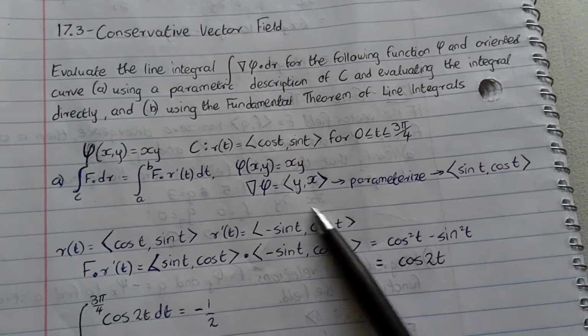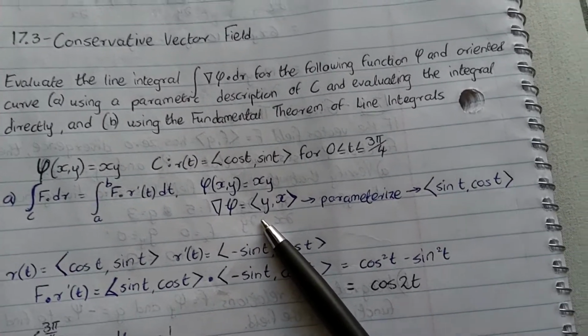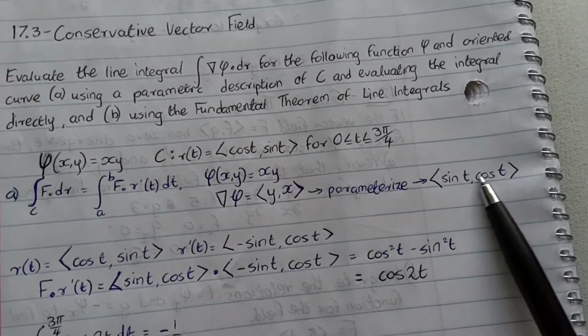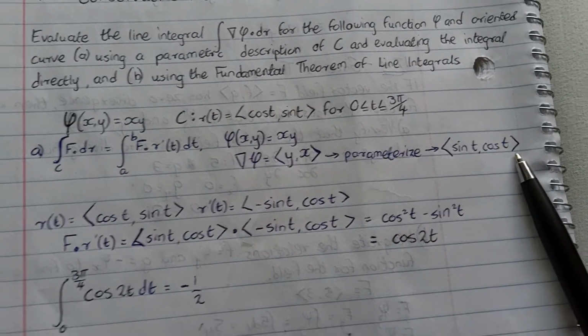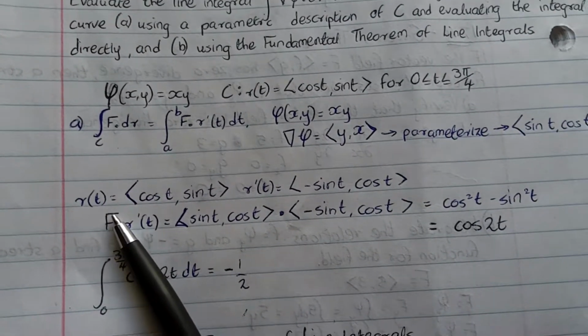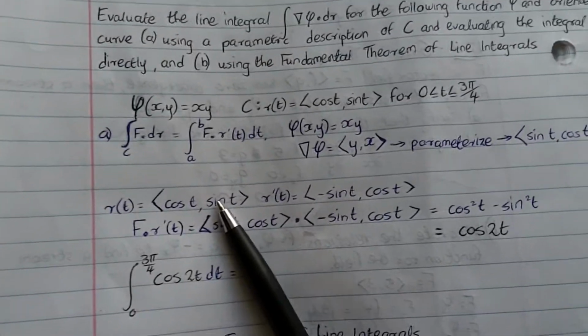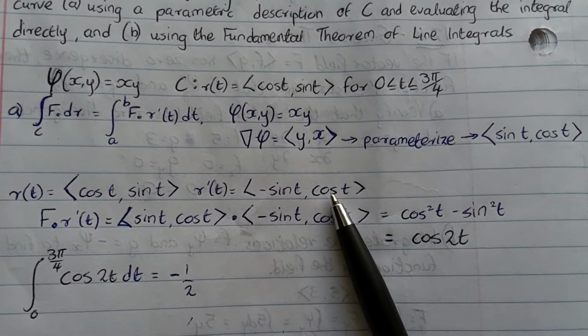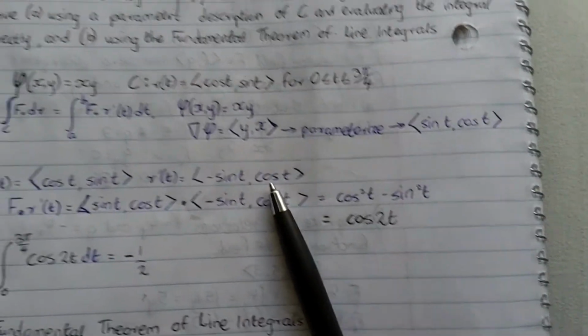And when you parameterize based on this equation over here, you're going to get sine t, cosine t. So since we established that r(t) is cosine t, sine t, r prime of t, respectively as they are, is negative sine t, cosine t, right?